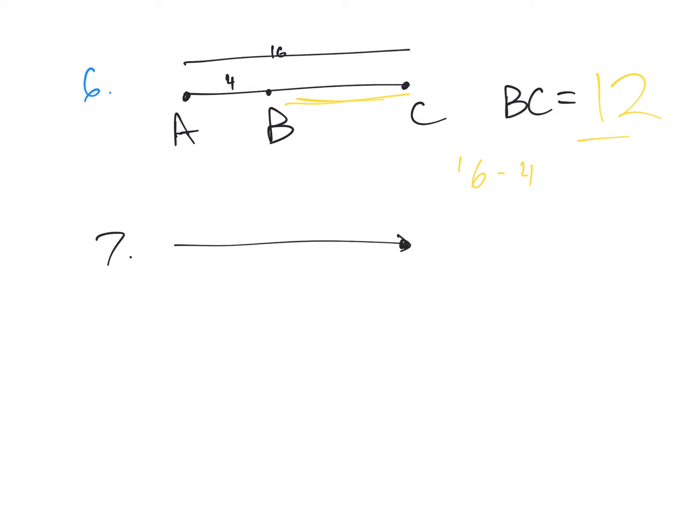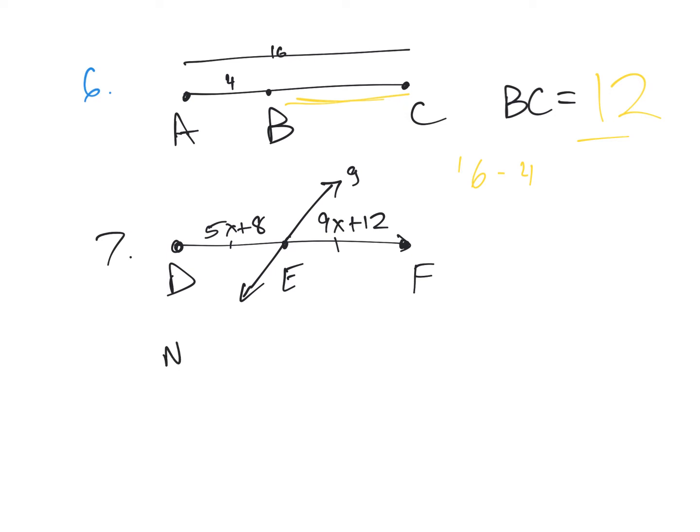Oops, that's a segment. D, E, and F. So D, E, and EF are congruent. We have 5x plus 8 here, and 9x plus 12 on the other one. We also have something else there.